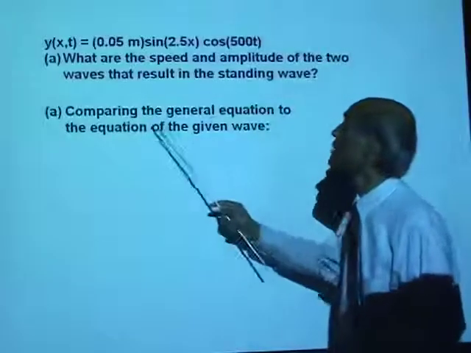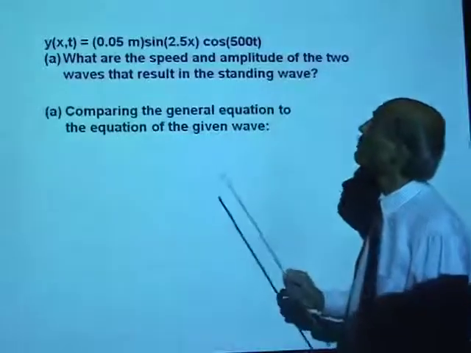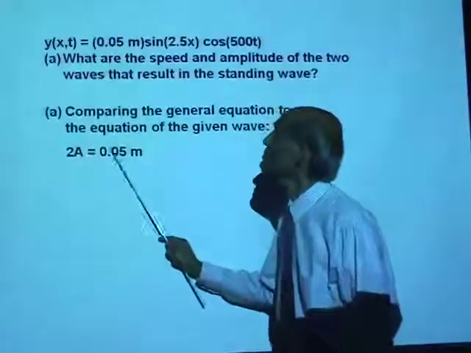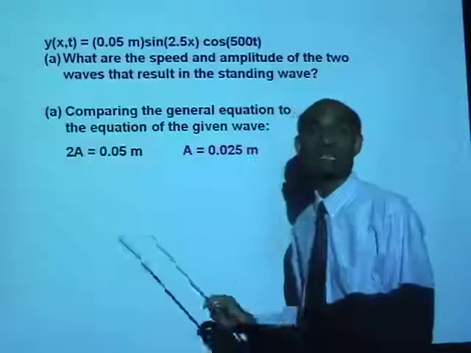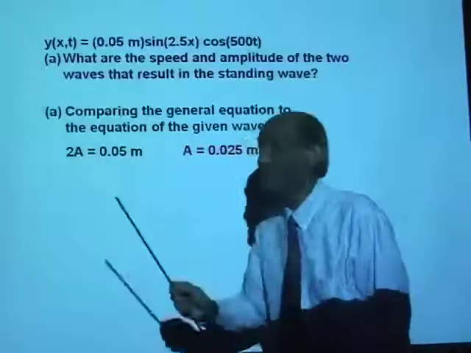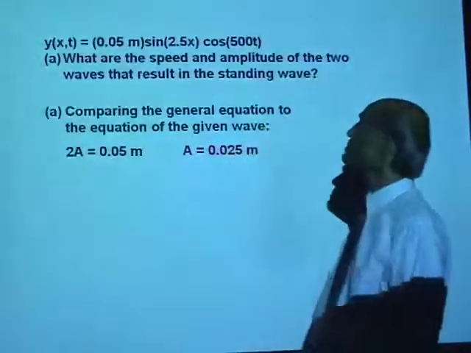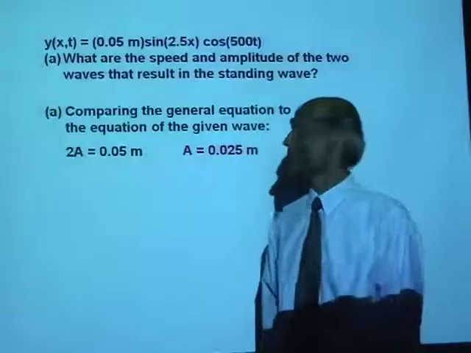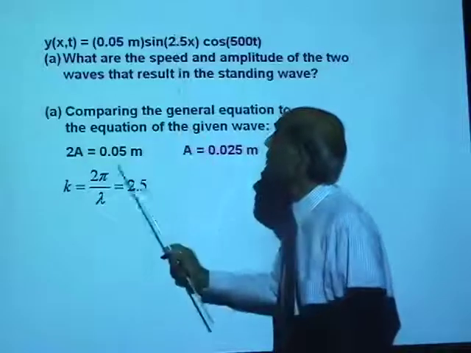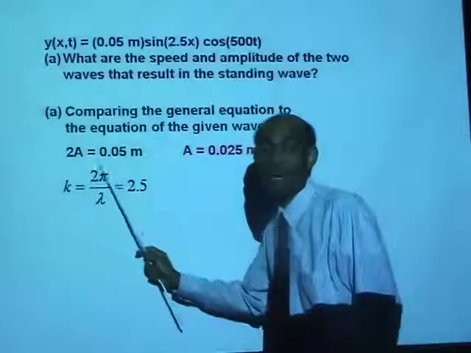Comparing the general equation to the equation of the wave, we have 2A equal to 0.05 meter. That gives you A, the amplitude of each wave, which is 0.025 meter. You got k equal to 2.5, but k is 2 pi by lambda.